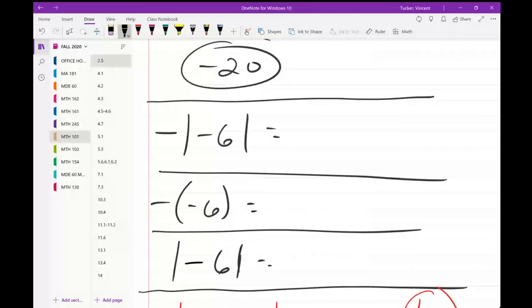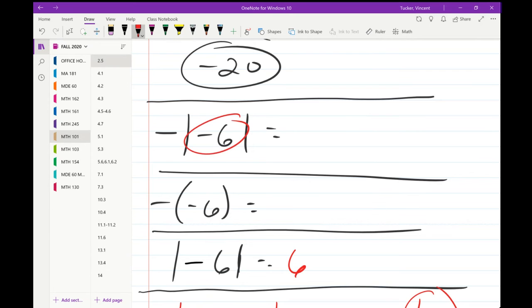So mentioned before, especially when we look at this last one right here, the absolute value of negative 6 is going to be 6. When you apply the absolute value to any number, it's going to be the positive result. In this one right here, the absolute value of negative 6 is still going to be 6, but there was a minus sign or a negative sign that was sitting on the outside. So that negative sign will still be sitting on the outside even after you apply the absolute value.